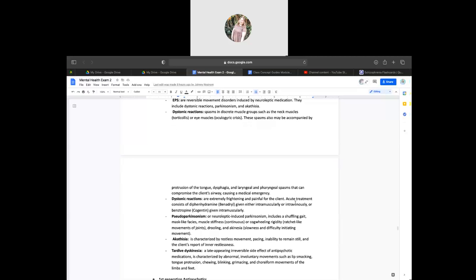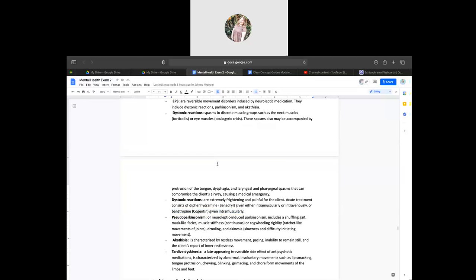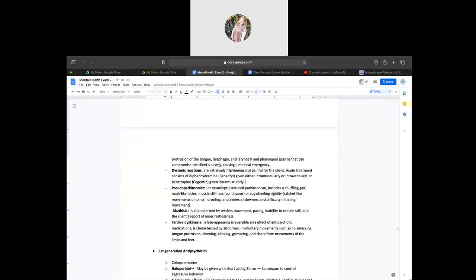You can give Benadryl or benztropine, but we're going to be giving benztropine more than likely if they have these early EPS. Pseudoparkinsonism is a big concern too. Remember, they're going to have medication-induced Parkinson's disease. They're going to have that shuffling gait, mask-like face, drooling, cogwheel rigidity. So we're also going to want to make sure that we can get benztropine for that.